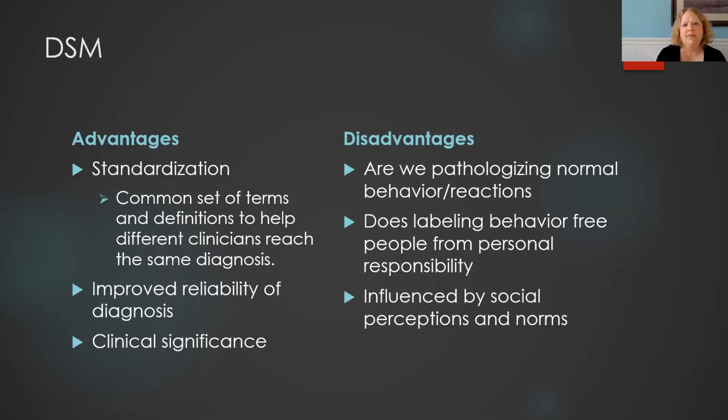When we talk about the disadvantages of the DSM, one of the things that we worry about is, are we pathologizing or diagnosing normal, typical behavior? One of the things that the DSM has taken out over recent editions is the bereavement exclusion, because it was including bereavement as part of depression.